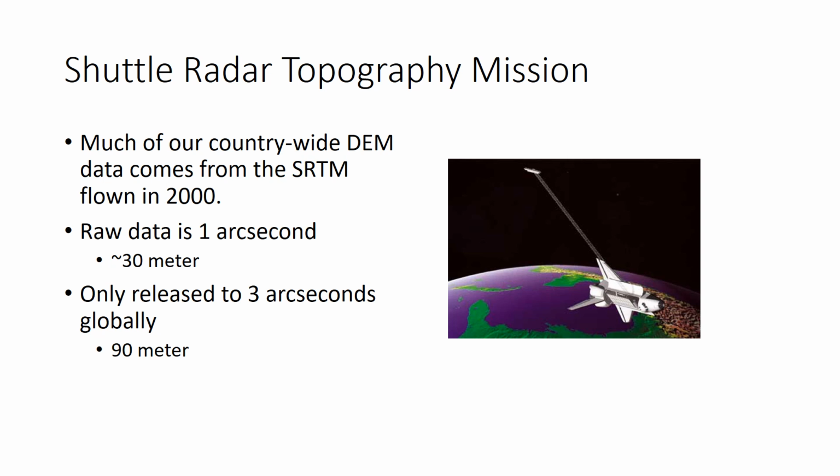So the full 1 arcsecond data set was available to the intelligence community and the military, but to the rest of the world it was only released at 3 arcseconds. Within the United States, the 1 arcsecond data had been available more or less from the beginning.